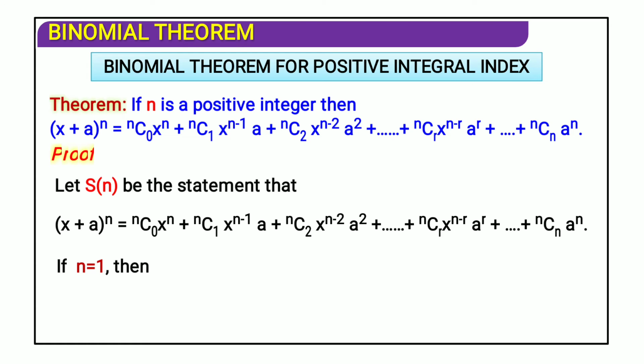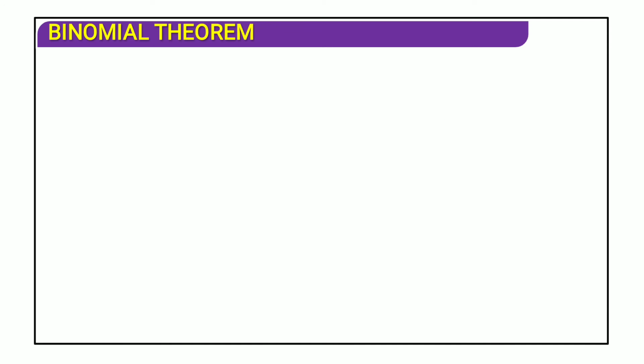Left hand side becomes x plus a to the power 1. Obviously I am putting 1 here. Let it be equation number 1. Then in the right hand side it becomes 1C0 x to the power 1 plus 1C1 x to the power 0.